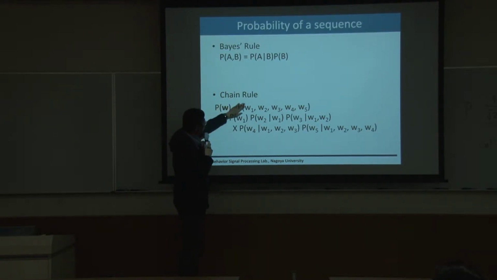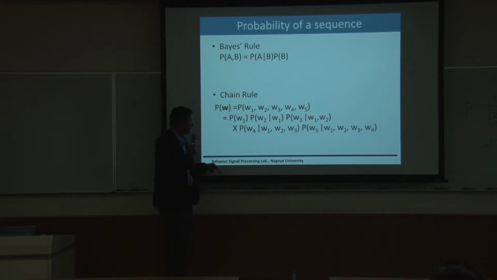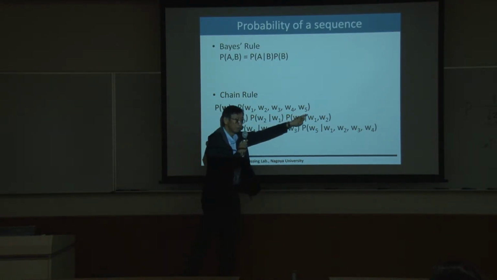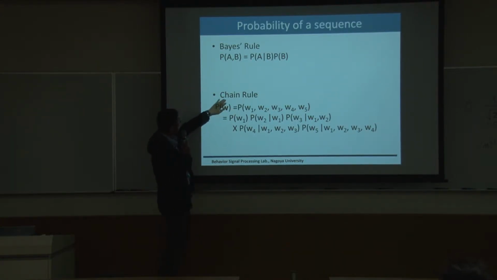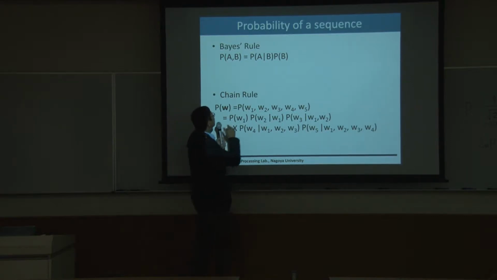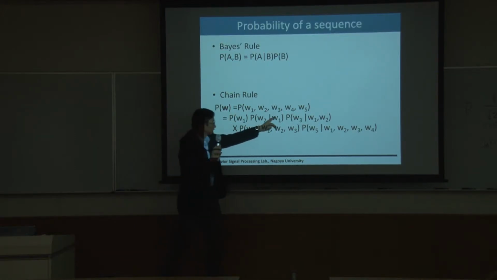One idea to model such sequential correlation of these 5 variables is the Markovian model. But anyway, I think you may also know the chain rule. The chain rule is the generalized version of the Bayesian rule. So we apply the chain rule to this 5-word sequence.